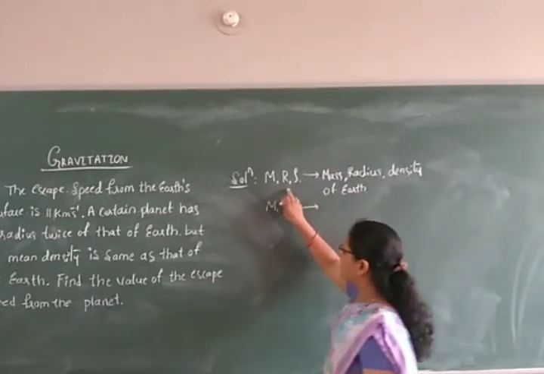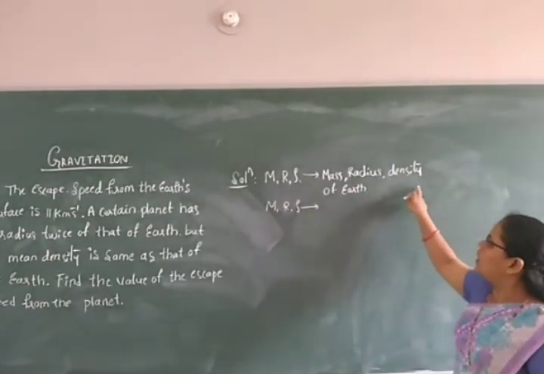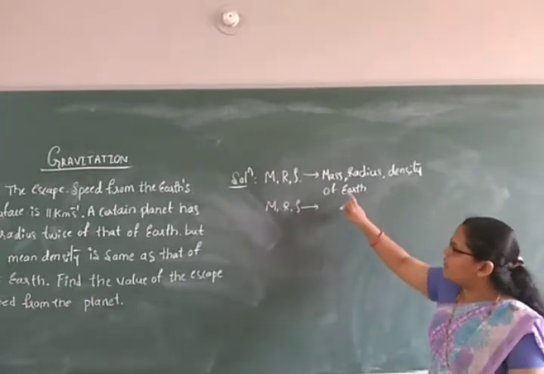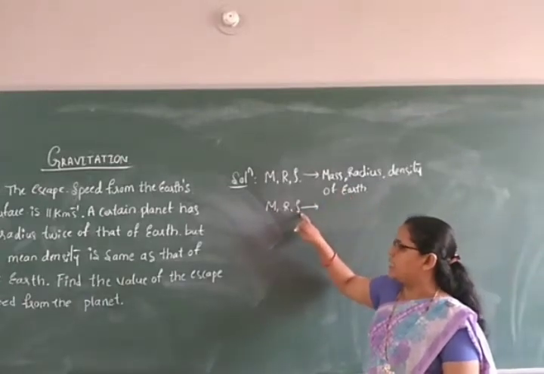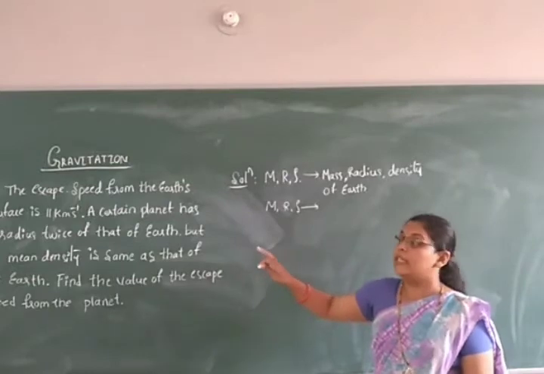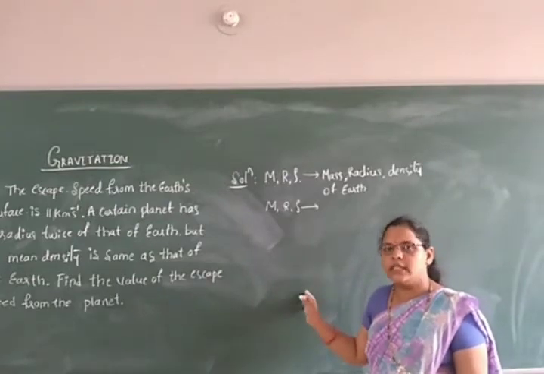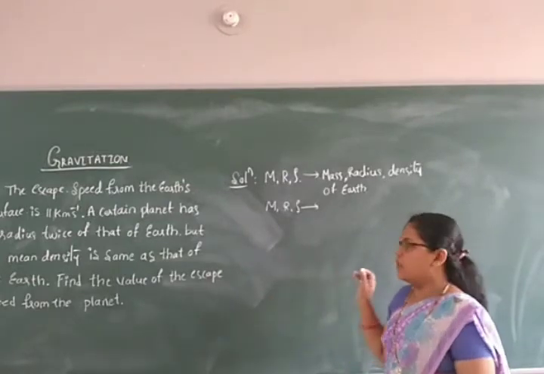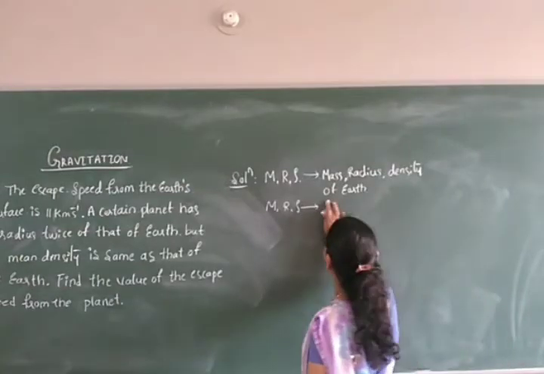So if these are the mass, radius and density of the earth, the corresponding values for the planet have the same density as the earth, as mentioned in the question.